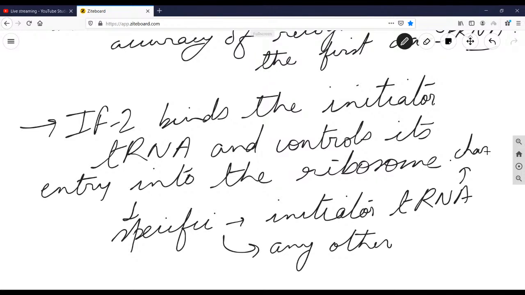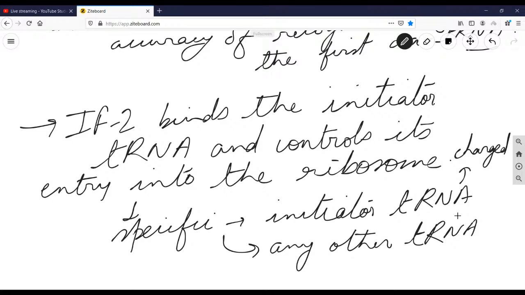Okay, it will bind to. Now you'll be asking question, any other tRNA, if it is charged, how will it differentiate? Okay, so that, I'll explain to you how does it differentiate later on. Okay, but the meaning of this sentence is it only binds to the initiated tRNA, doesn't bind to any other tRNA.